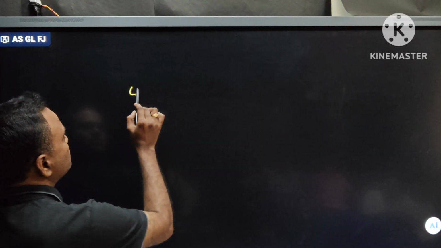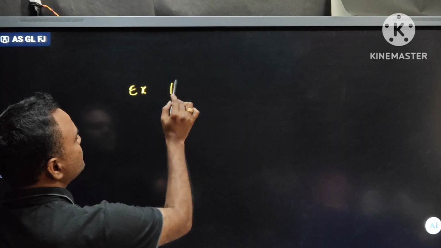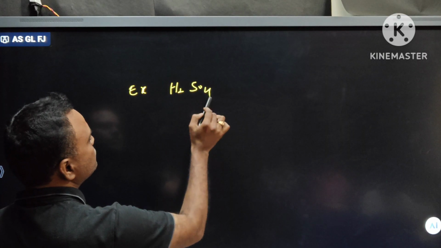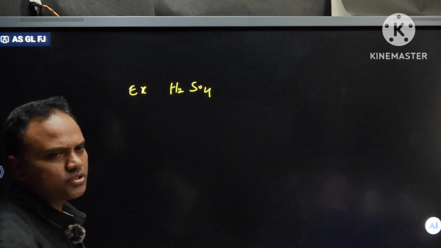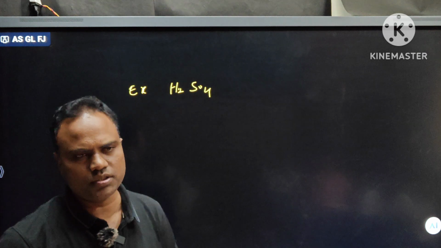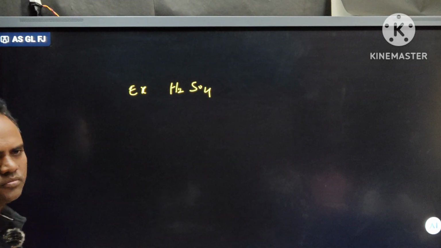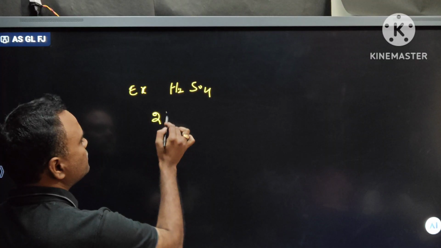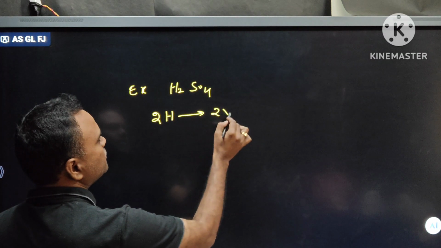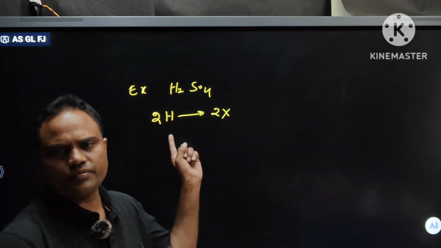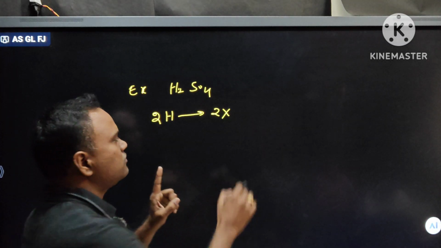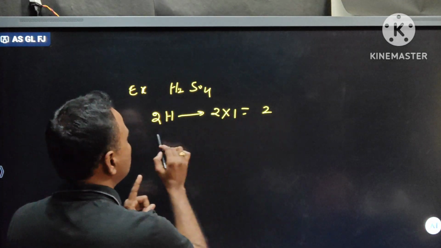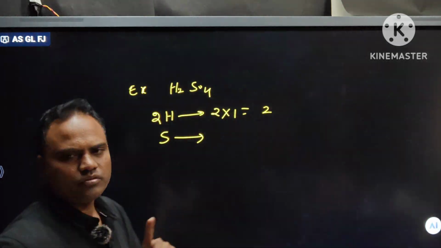Let us do some important questions. H2SO4. What is its name? H2SO4 means sulfuric acid. What is sulfuric acid's molecular weight? 98. See how to calculate. 2 hydrogens are there, so 2 into hydrogen weight 1, that is 2. Next, how many sulfurs are there? 1 sulfur.